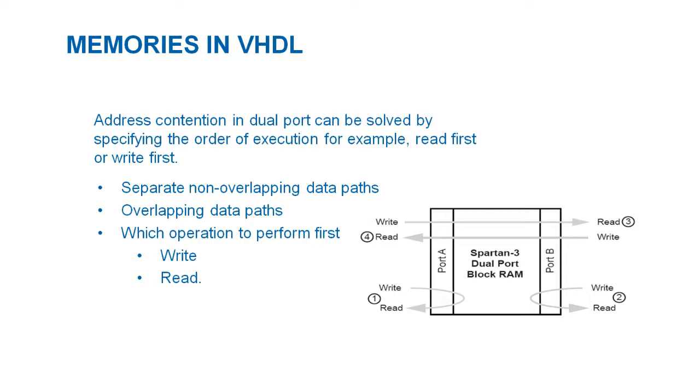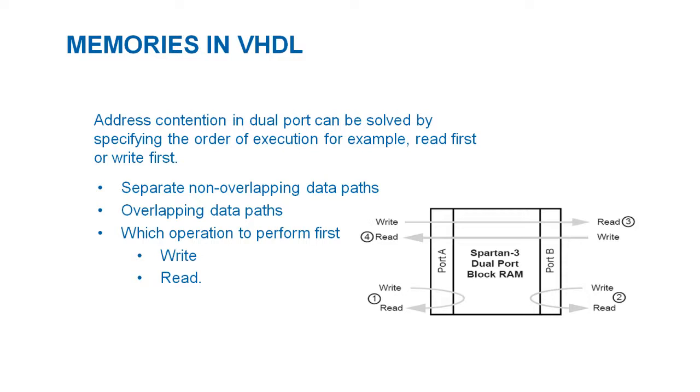One way to do that is to say that each port has non-overlapping address and data paths. What we mean by that is that if you have a memory block with, for example, 100 address locations, then port A can be restricted to addresses 0 to 49, and port B can be limited to writing and reading from 50 to 99.